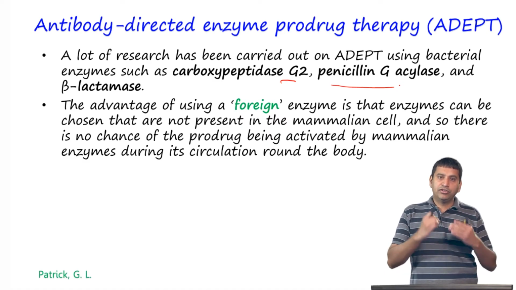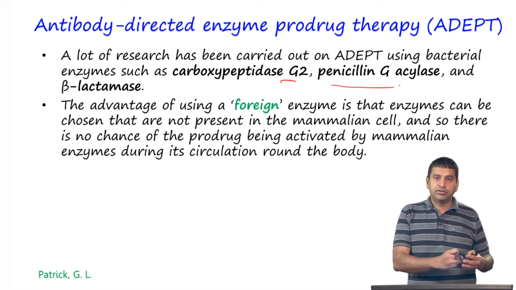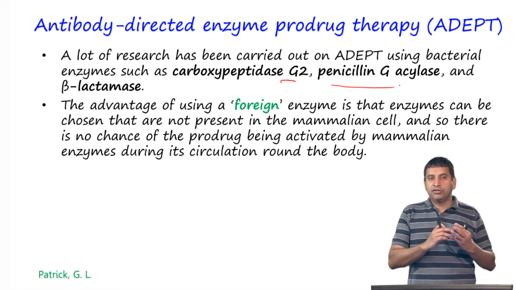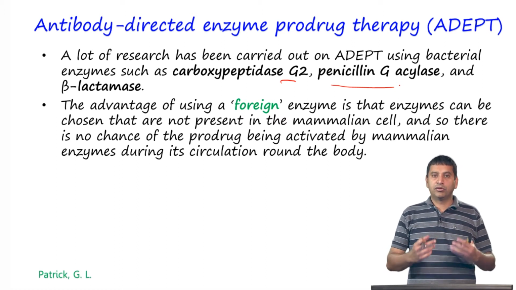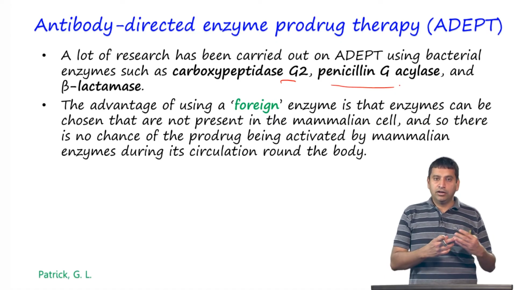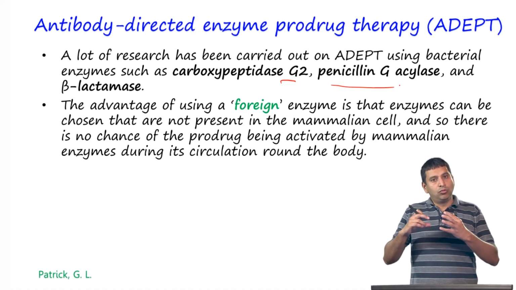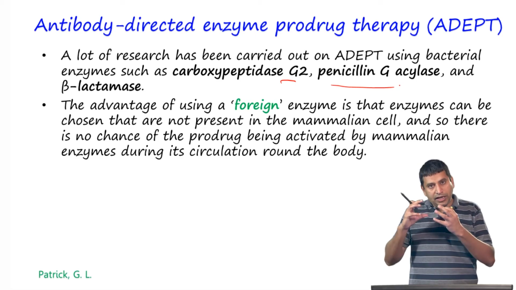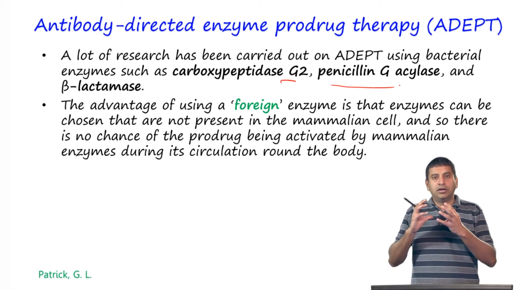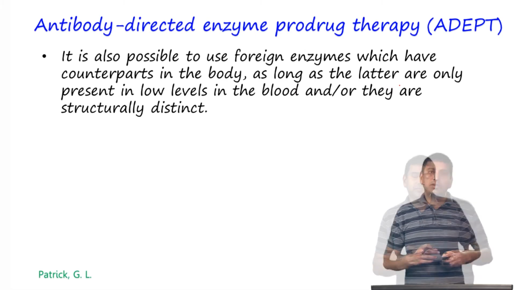Since it is not present in normal human cells, there is very little chance that the prodrug will get activated inside a normal cell. So in this process we are highly localizing the drug to the tumor.